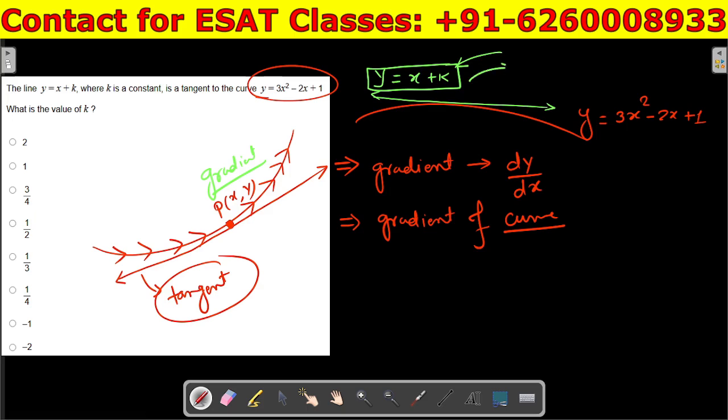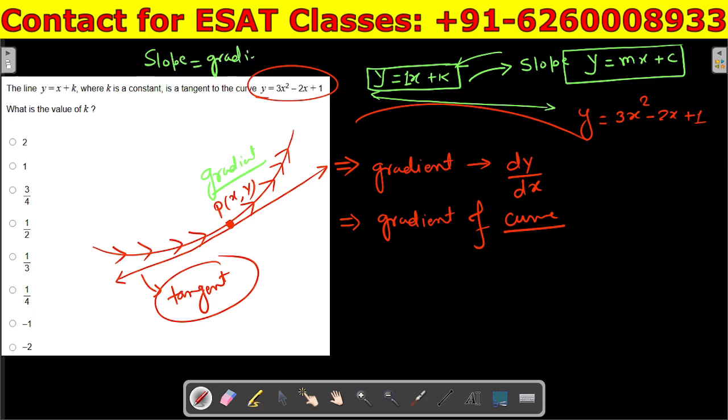Can we find the gradient, or slope, of this straight line? If we compare it with y equals mx plus c, the gradient is the coefficient of x, and right now it is 1. So its gradient is 1.